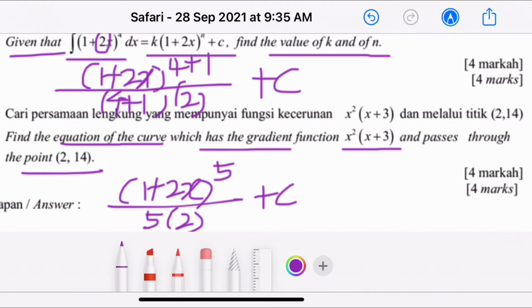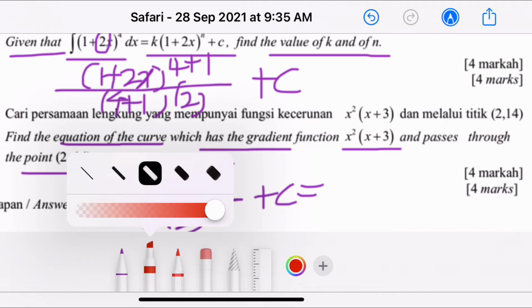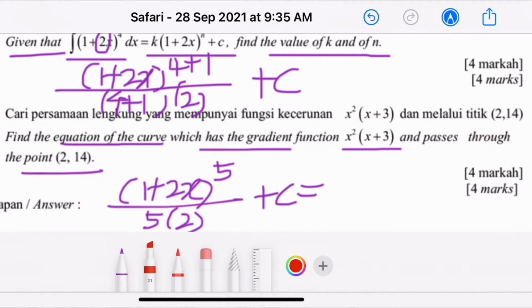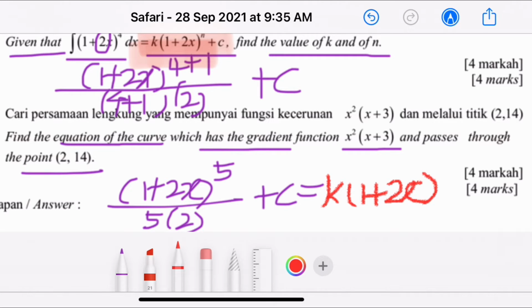And we simplify and we do comparison with the answer given. This is the answer given by the question. So we are going to focus on this one. Let's write down: k(1 plus 2x) to the power of n plus c.